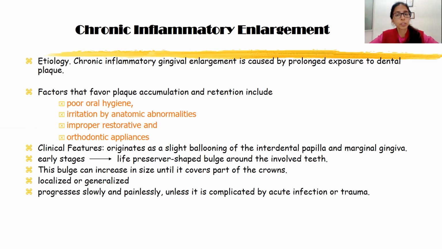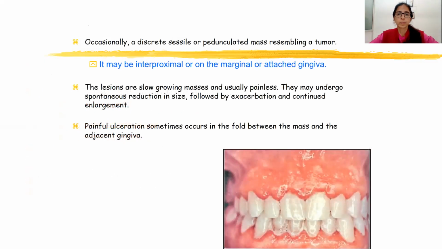So initially a painless enlargement, because of secondary complications due to inflammation, it can get infected or traumatized, because when it is increasing in size, naturally when you're chewing or speaking, the enlargement will cause hindrance. Because it will cause hindrance, it will lead to trauma from the teeth and from the adjacent soft tissues as well, and it can get traumatized.